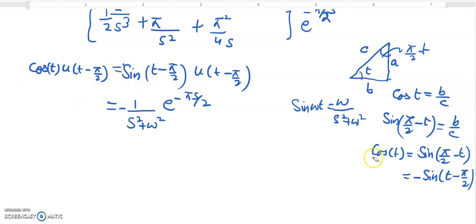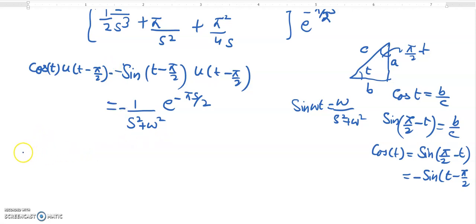The minus sign was here because cosine of t is equal to minus sine of t minus pi by 2. So it should be a minus sign here. So that minus will come here.